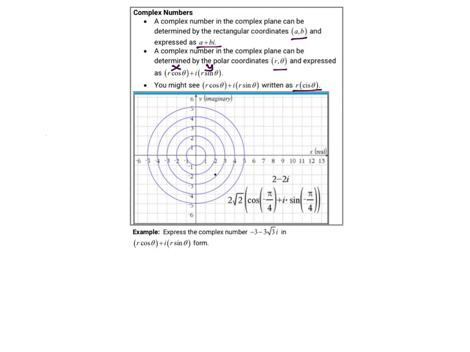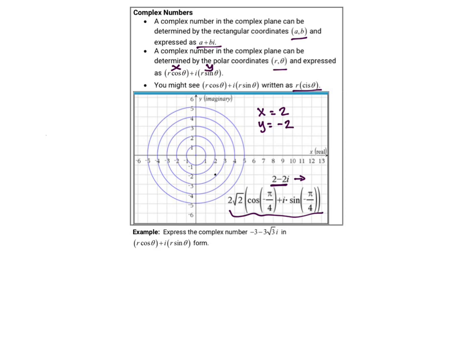I wanted to work through how they got from this number right here to this number right here. In my mind, it helped me to walk through that before I tried the example. And we've got time to do that. So this is 2 minus 2i. Everybody with me? 2 minus 2i. What that means is your x value is 2 and your y value is negative 2.